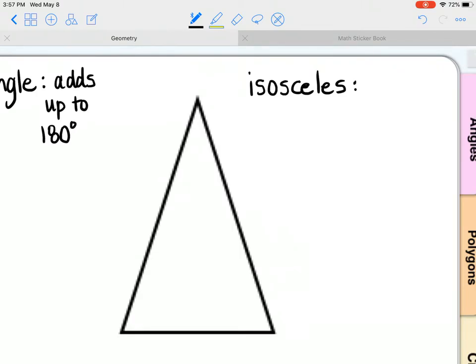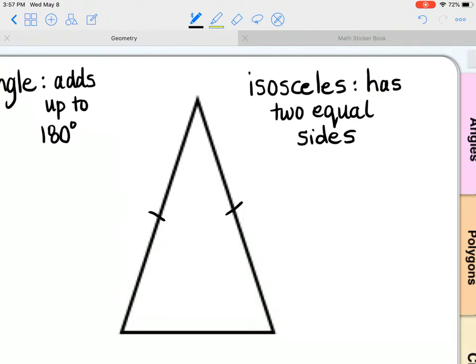But an isosceles triangle has two equal sides. So sometimes they will show you this using tick marks. They'll just show you that those two sides are the same.